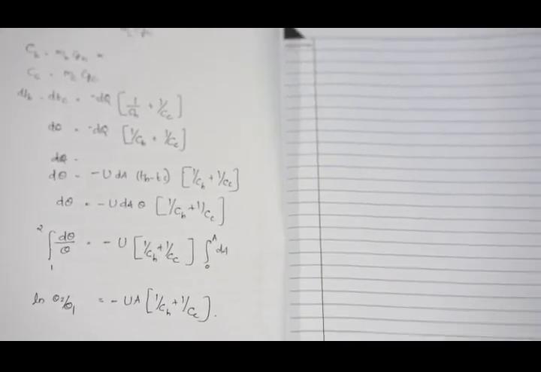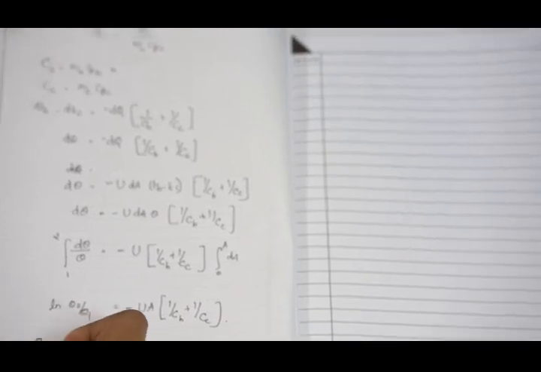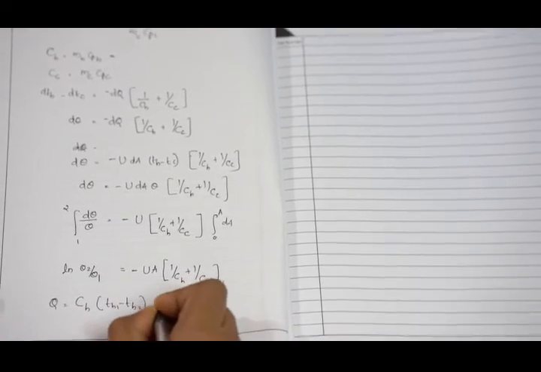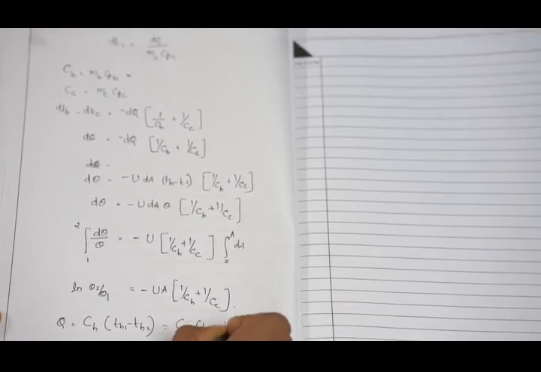Now the total heat transfer rate between the two fluids is given by Q is equal to Ch into (Th1 minus Th2), which is equal to Cc into (Tc2 minus Tc1). We already wrote this equation in the previous section.